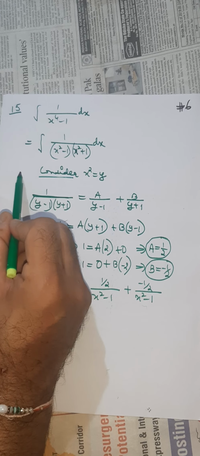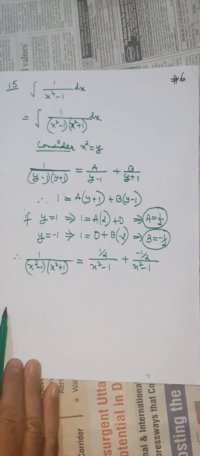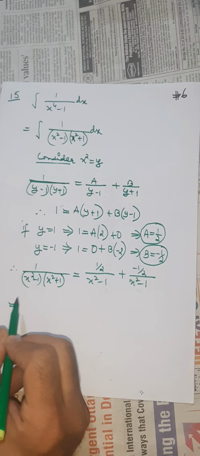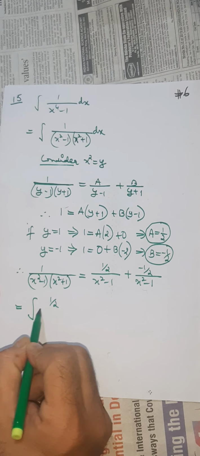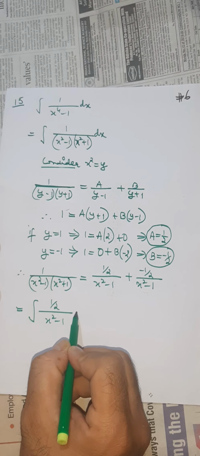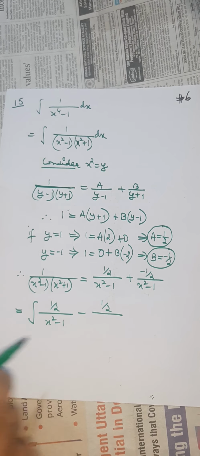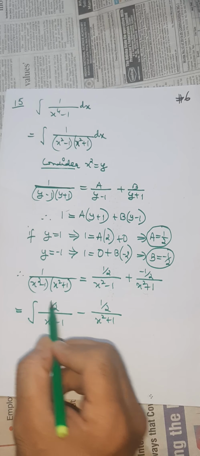This is not a substitution, remember. This is just a consideration, so our partial fraction method becomes a little bit easier. Okay, so finally this integral is 1 by 2 upon x square minus 1 minus 1 by 2 upon, sorry, this is x square plus 1.